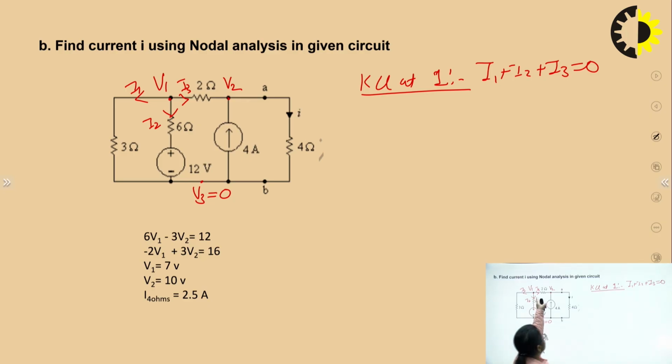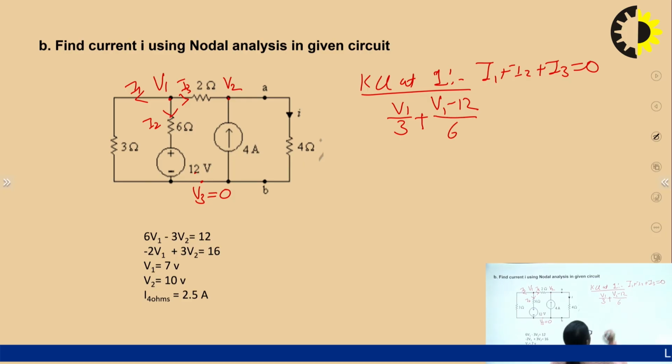I1 would be given as V1 by 3. I2 is given as V1 minus 12 upon 6, and I3 is flowing between 1 and 2, so it will be given as V1 minus V2 upon the resistance 2.